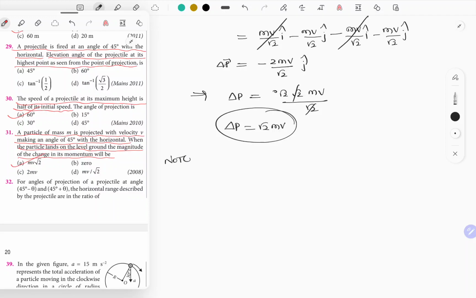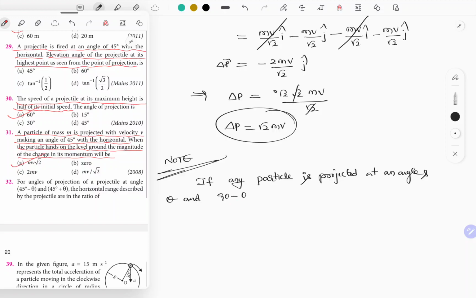Note: if any particle is projected at angles theta and 90 minus theta, then the ranges of the projectiles are the same.